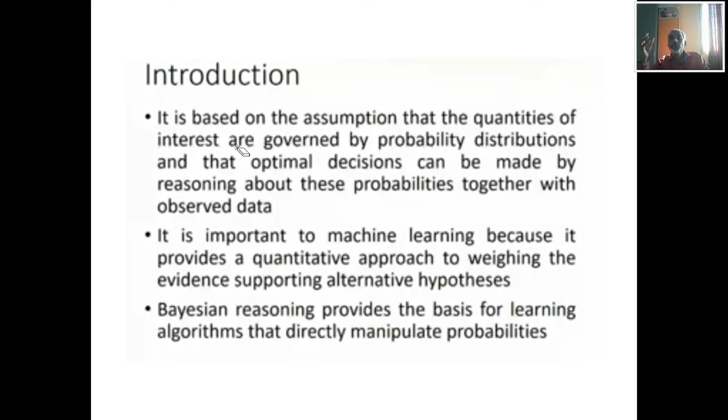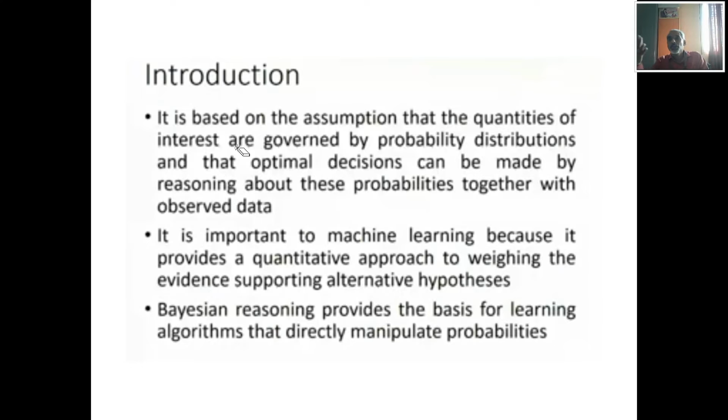So it is important for our machine learning programs or algorithm learning, because it provides a quantitative approach. It gives us a quantitative approach to weigh whether we can accept that hypothesis or reject it, and it supports the various sets of hypotheses we have. So Bayesian reasoning provides the base for learning algorithms that directly manipulate probabilities.